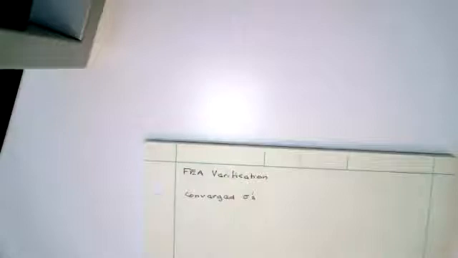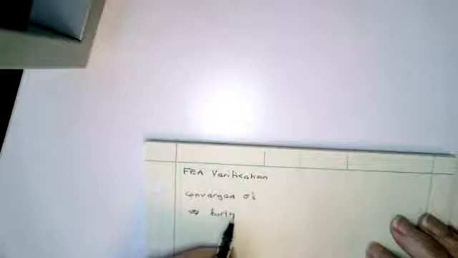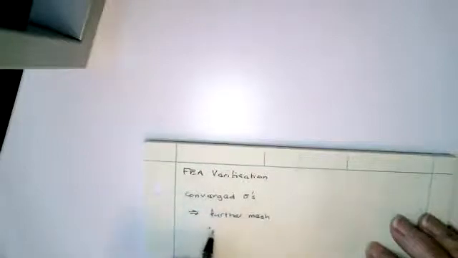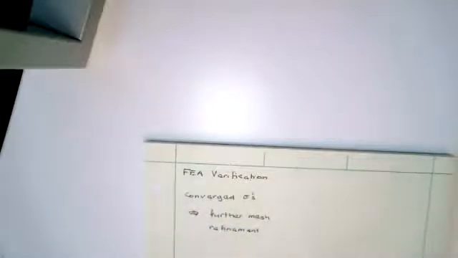So how do you avoid being in that last group? Well, you have to do these convergence checks. And so converged stresses would imply that further refinement does not change them.